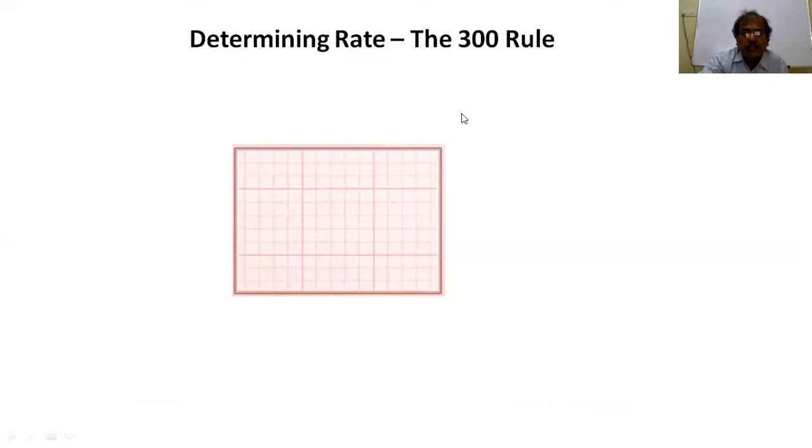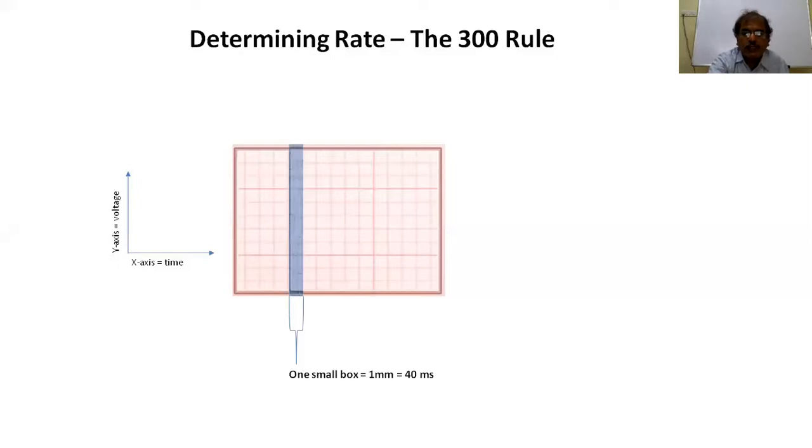So based on that, the rule of 300. Now let us see, the x-axis is time, the y-axis is millivolt, that is voltage. I have already shown you. So x-axis is time and y-axis is volt. Now this small box is 1 millimeter, equal to 40 milliseconds.